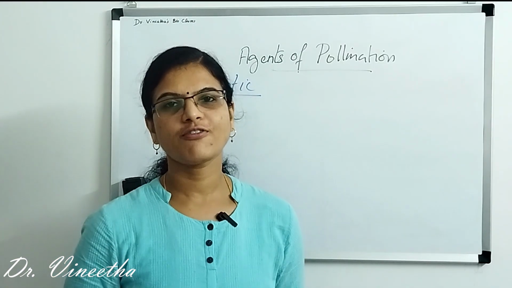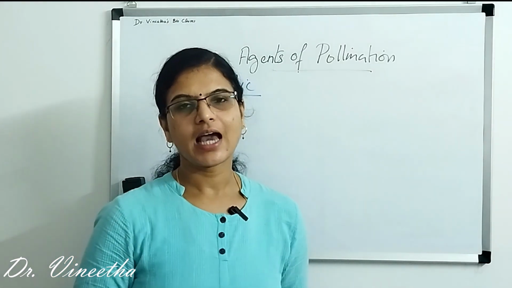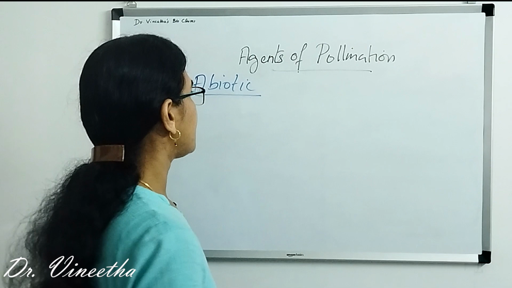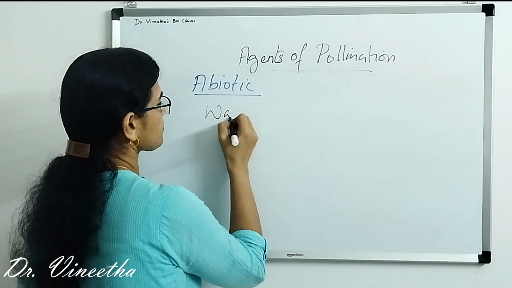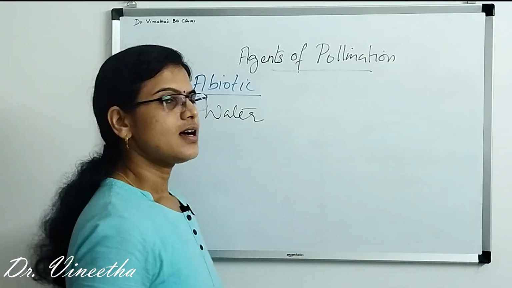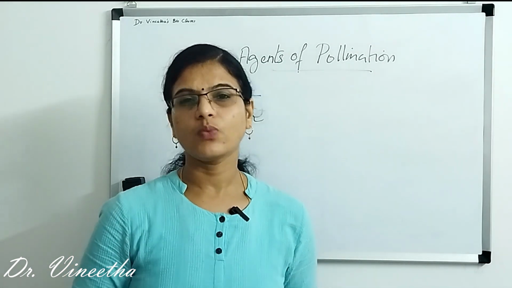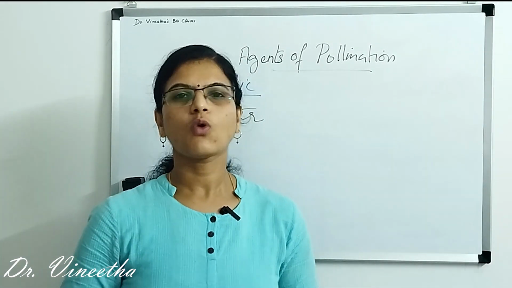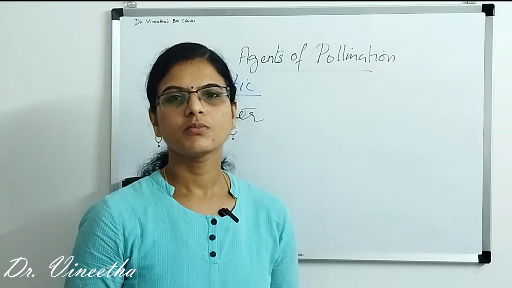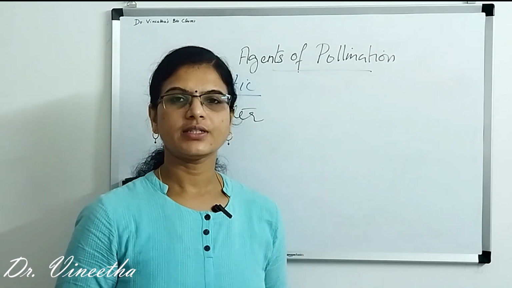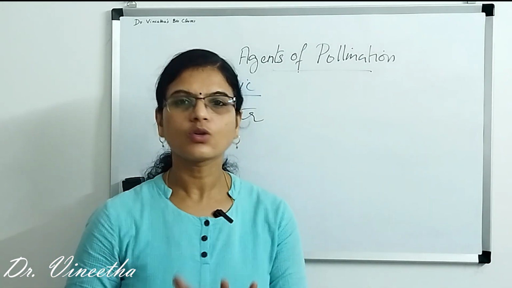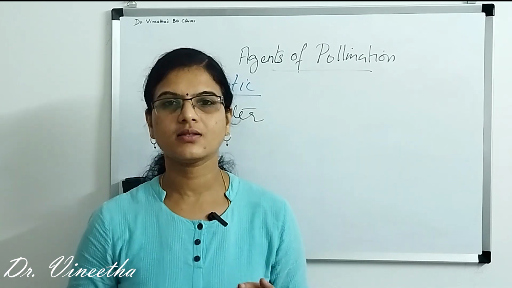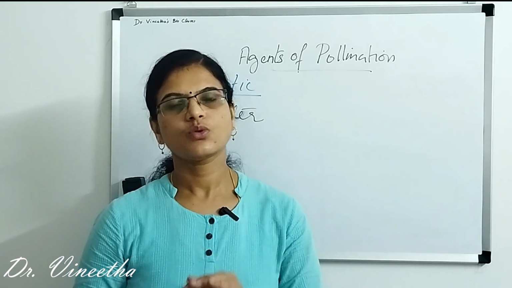The next agent of pollination coming under the abiotic agents is water. The pollination through water is very rare. Only some water plants do this pollination through water, and mostly it is the monocotyledons and the lower plants which do pollination through water.